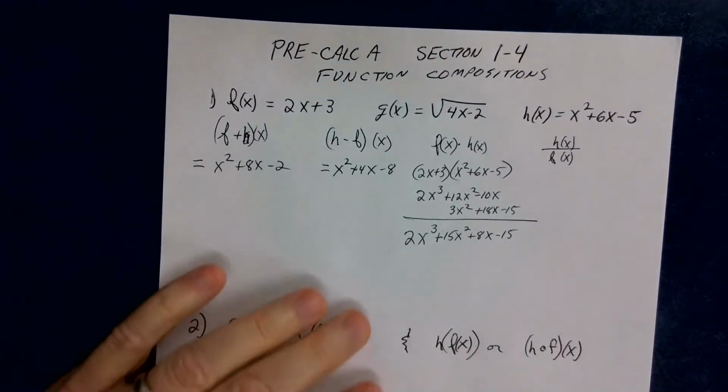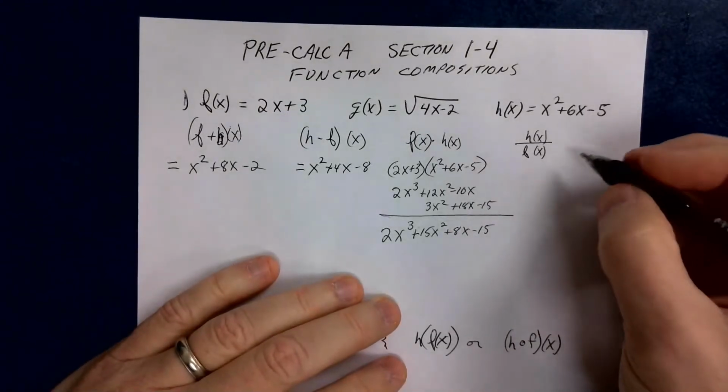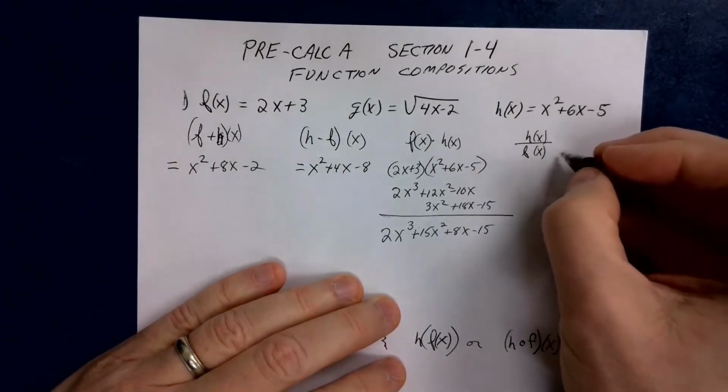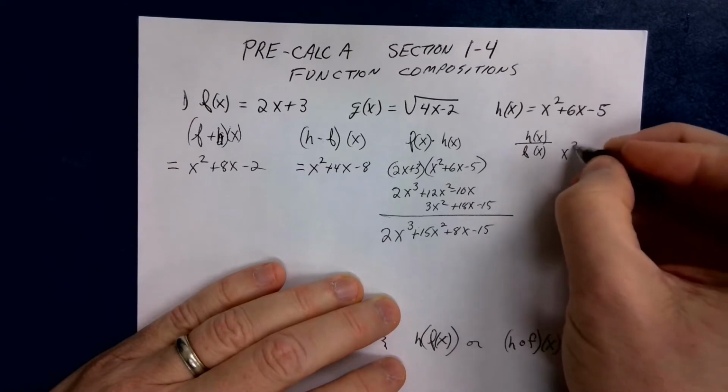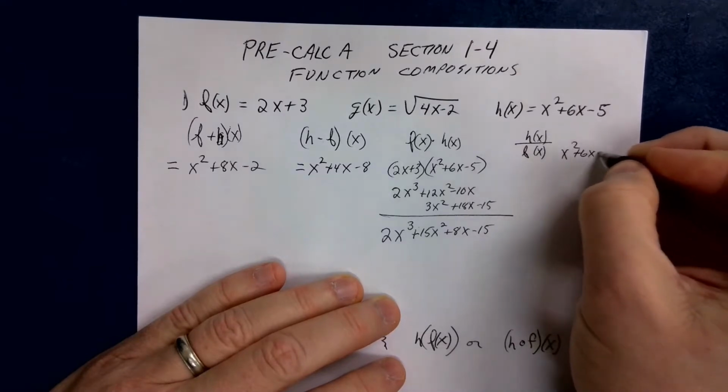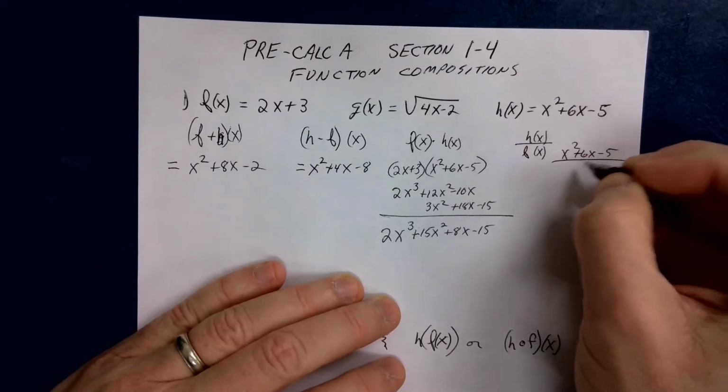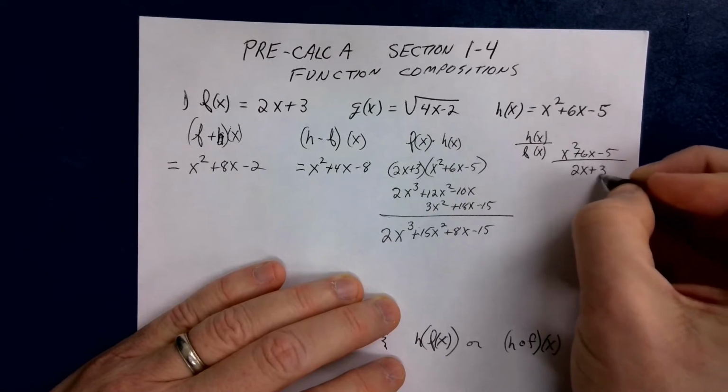Okay. Then h of x over f of x, so I'm going to do this. So that's x squared plus 6x minus 5 divided by 2x plus 3.